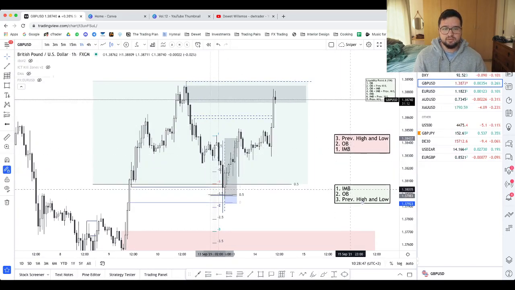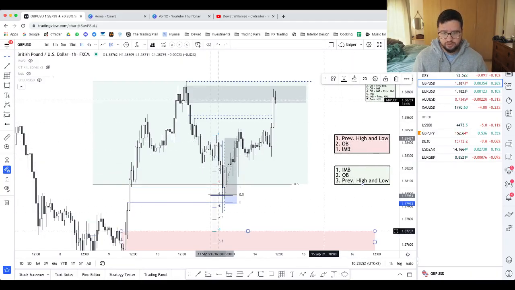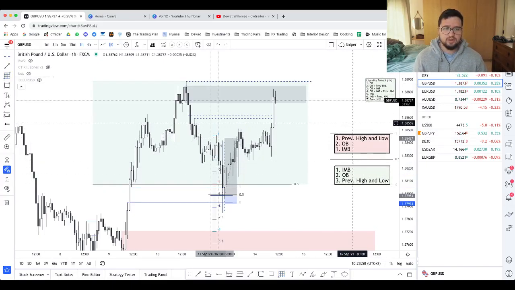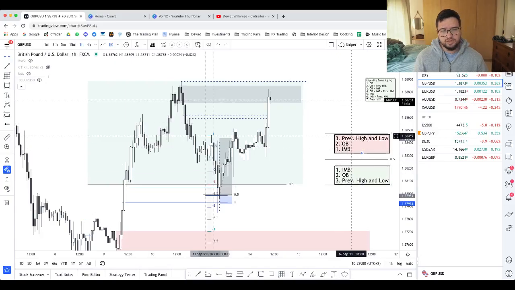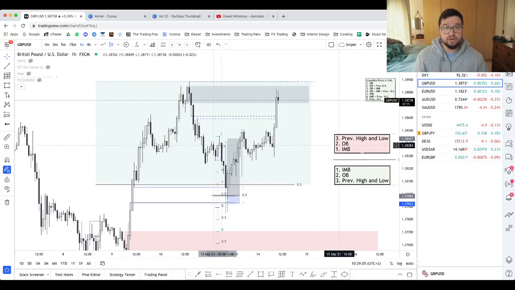Into our premium areas of interest, and you can visually do it like this. You can say that it's 50%, imbalance, order block, previous high, imbalance, order block, previous high. So that is the order of events, the order of things that we're looking for.